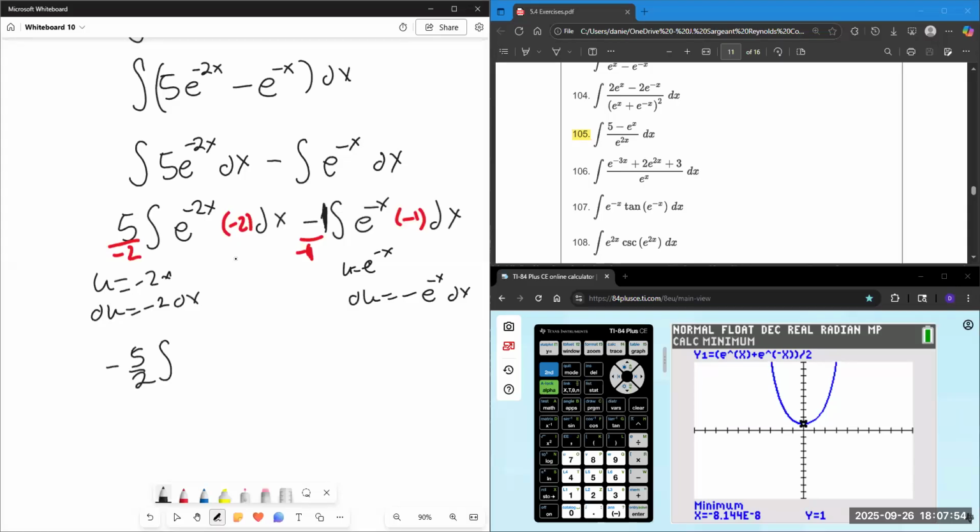Negative 5/2 integral of, let's call this v, just to be different here, e to the u du plus e to the v dv, like that. So this is -5/2 e to the u plus e to the v plus c.